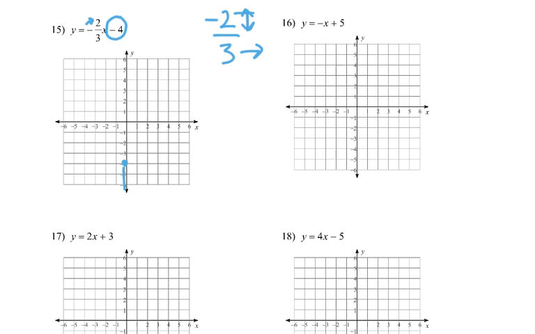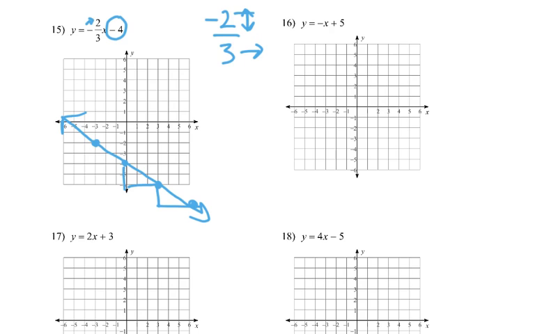And I'm going to go down 2 and to the right 3. So right there. Now I could go down 2 and to the right 3 again. I make my line that way. Or using that same pattern, I could do the opposite. Going up 2 and to the left 3. That one works as well. Okay. Get my line and draw it.